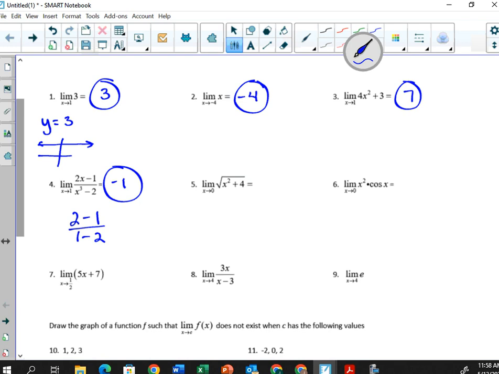All right, guys, what do we get for number 5? 2. Yep, good job. What do we get for number 6? Cos x. Is that 0? But it's times x squared. So even if you don't know what cosine of 0 is, times 0 would give you 0.